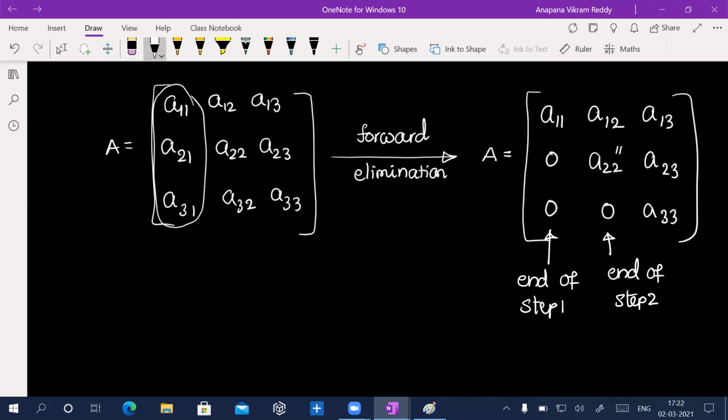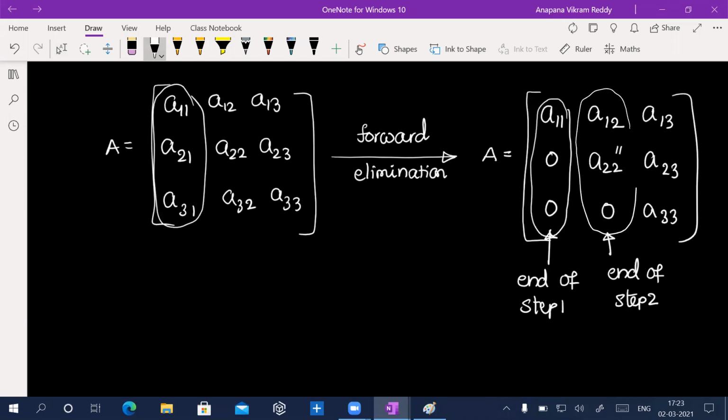After forward elimination, we undergo n minus 1 steps to convert our coefficient matrix to an upper triangular matrix. As n equals 3, in 2 steps we can perform forward elimination. After the end of the first step, you would see A11, 0, 0. By the end of step 2, you will see something like this.